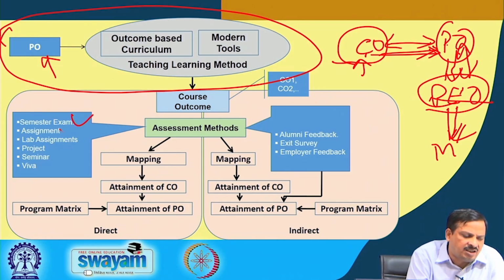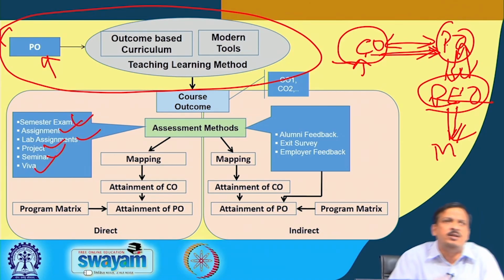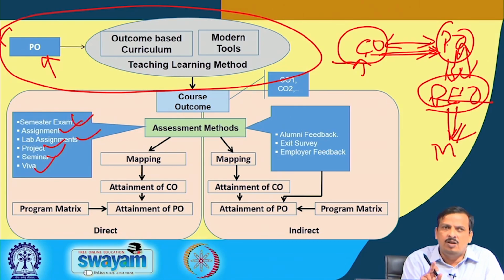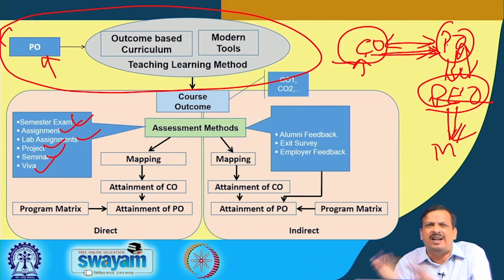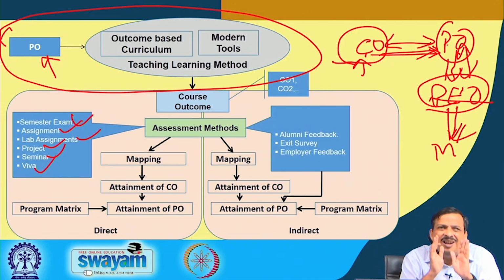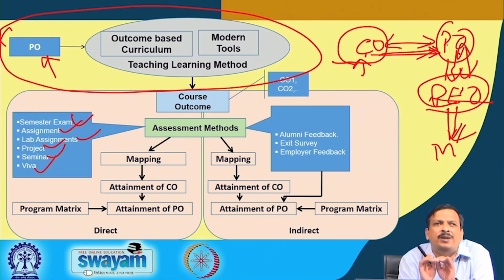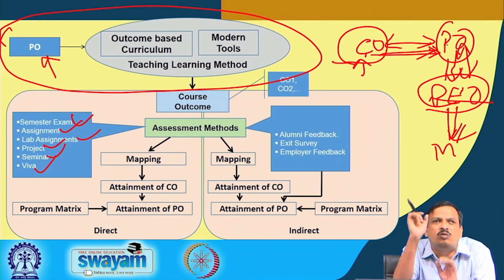Semester exam, assignment, lab assignment, project, seminar, viva, all are assessment procedures. Maybe end semester, maybe internal, maybe external, whatever it is, it is called an assessment procedure to gather data about the students' competence in the course outcome.